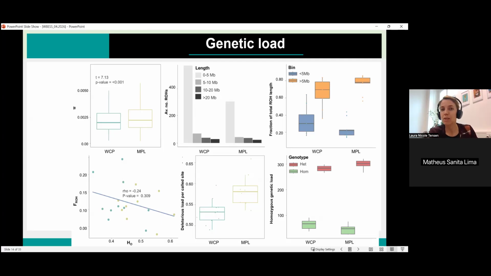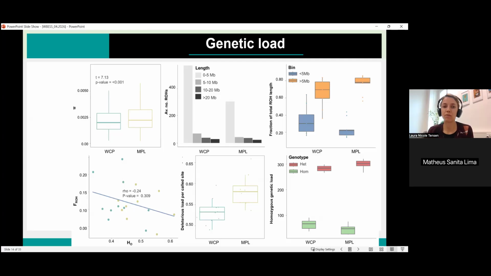In the middle, we looked at runs of homozygosity, which we put into different categories. And typically, the shorter your runs of homozygosity, the longer ago inbreeding occurred, and the longer your runs, the more recent inbreeding occurred. And I think what you can see in the top middle already is that the Western Cape population had a lot of short runs of homozygosity. And I think the figure on the top right illustrates quite nicely that the Mpumalanga province up north actually had longer runs of homozygosity.